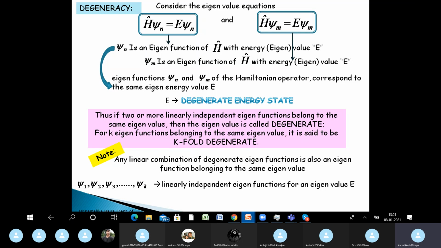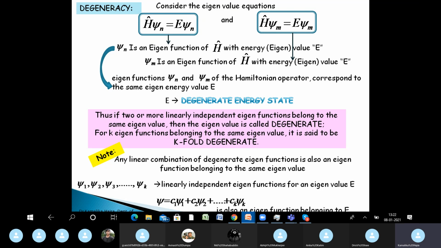That is, if psi 1, psi 2, psi 3, etc. up to psi k say are linearly independent eigenfunctions for an eigenvalue E, that is, they all satisfy this particular eigenvalue equation with the same eigenvalue E, then a linear combination of these functions is also an eigenfunction belonging to the same eigenvalue E.